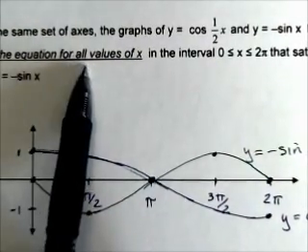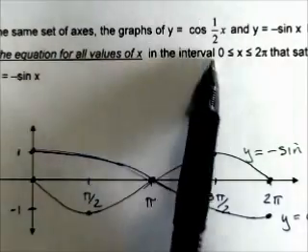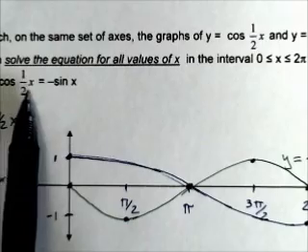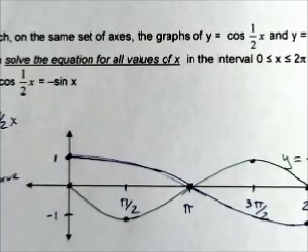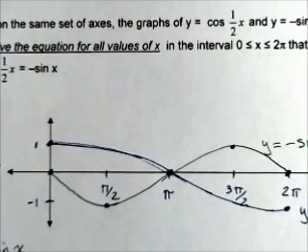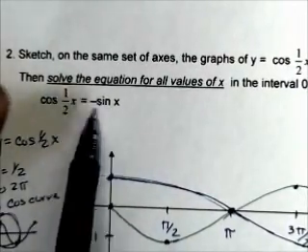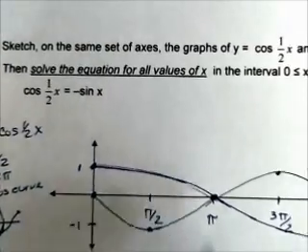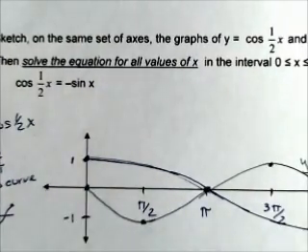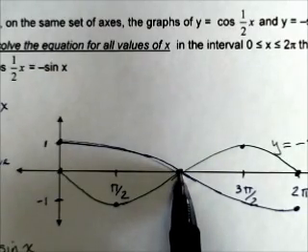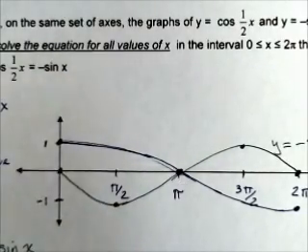Then solve the equation for all values of x in the interval from 0 to 2 pi that satisfy the equation cosine of 1/2 x equals negative sine x. All right, so solving this by looking at our graph, we're looking for the actual x coordinate, or x value, of where the two graphs intersect. And what is our x value here? It is pi.